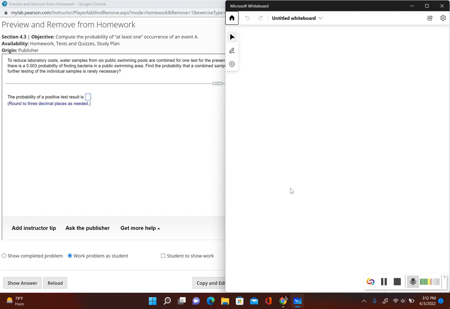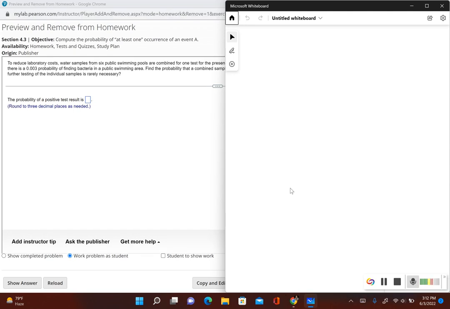Okay, so the probability of a negative result would be 0.997. What I did is I subtracted 0.003 from 1. So now this is the probability of one sample being negative.